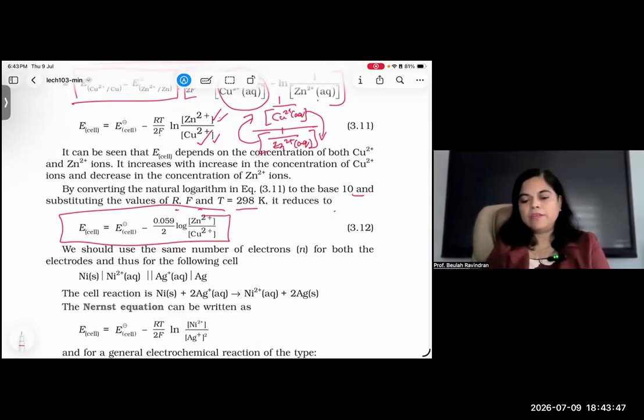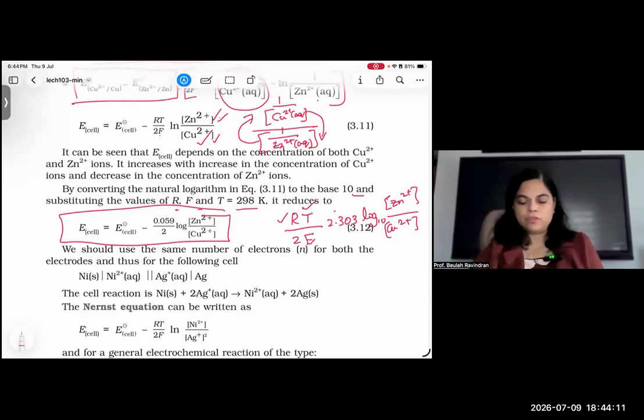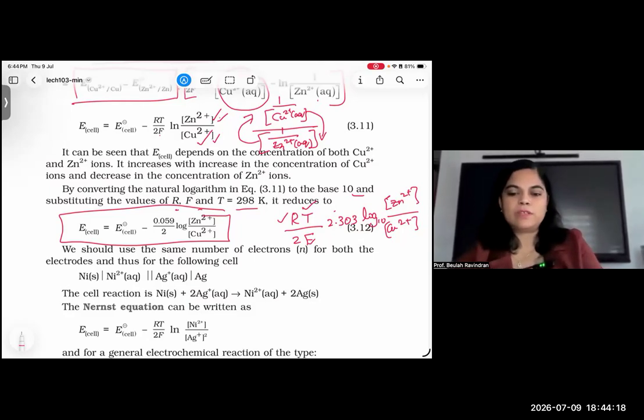R, T value and 2F are given, and ln will be converted into log by taking 2.303 log to the base 10. Then, as usual, the zinc 2 plus and copper 2 plus ion concentrations. I will explain the R, T and F values so it is easy for you to understand.